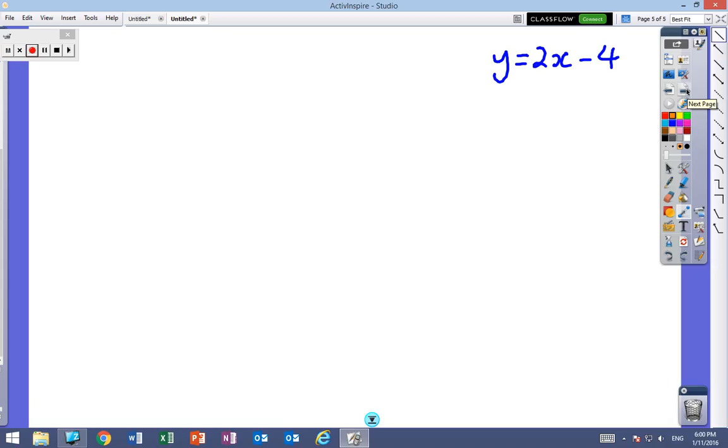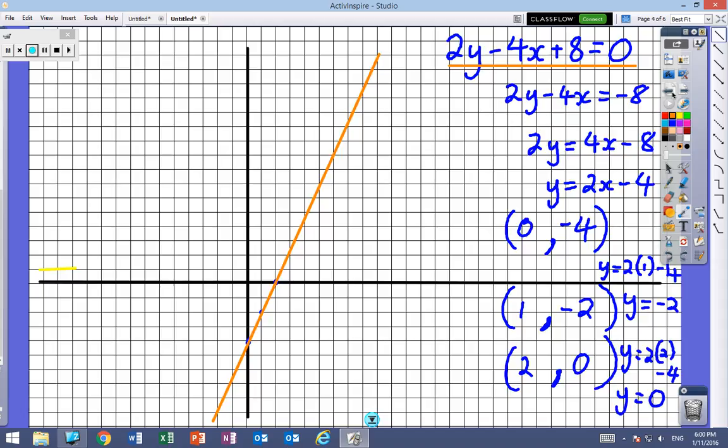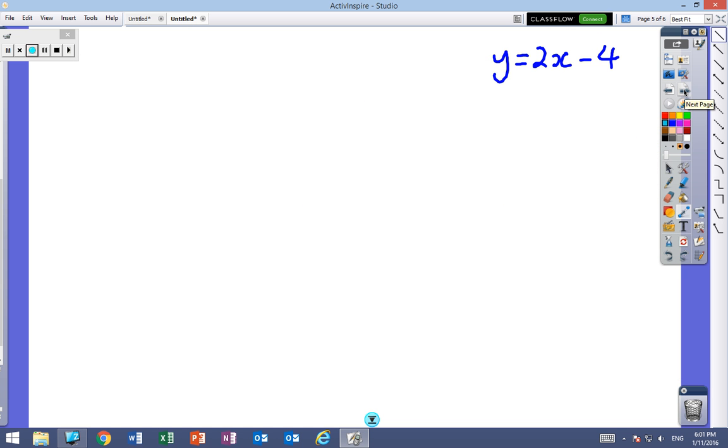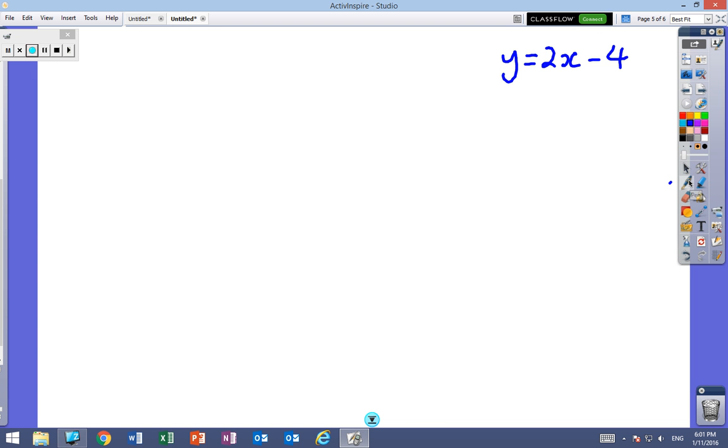How this might help you in, say, a particular upcoming test. Okay, so 2x minus 4 was one of our relationships. There it is, 2x minus 4. What was our other one? Our other one was minus 3x plus 4. One of the things you might be asked to do is to solve a pair of linear relationships graphically.